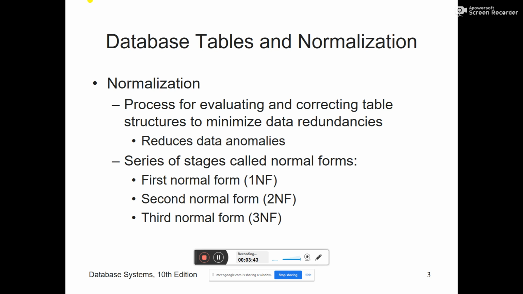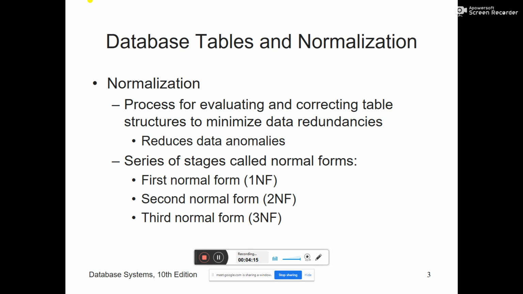In formal terms, normalization is a process for evaluating, which means to recognize whether the structure of a table is good or not, and then correcting the table structure if it is not good, so that we have minimum data redundancy and avoid data anomalies as much as possible.